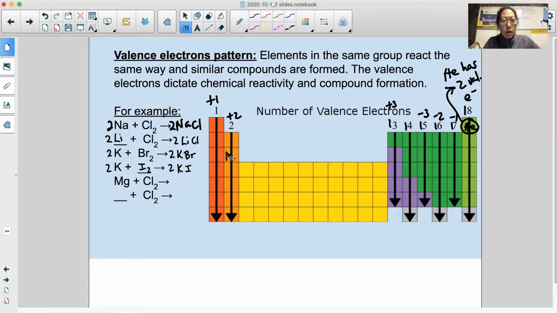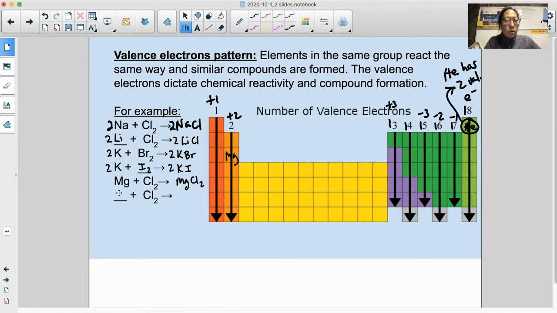It's in group 2. It will make a +2 cation in an ionic compound. It will combine with Cl minus. We've got to have 2 Cl minuses to balance out the +2. Now we get a different ratio of the ions and different balancing, right? It's not just 1, 1, 1.